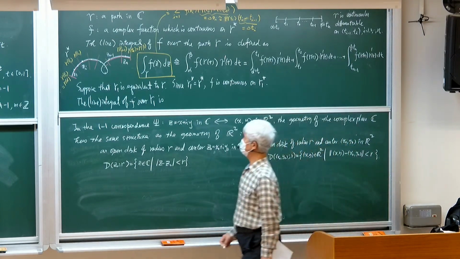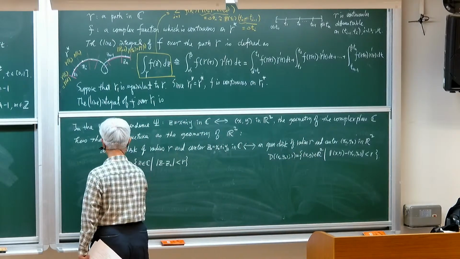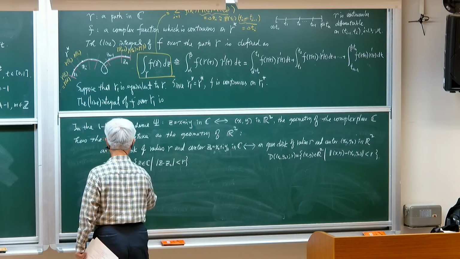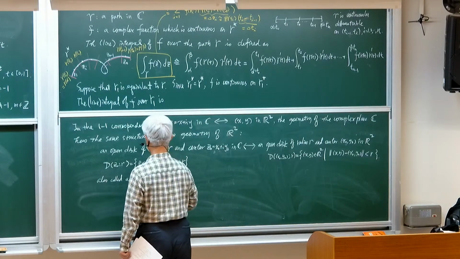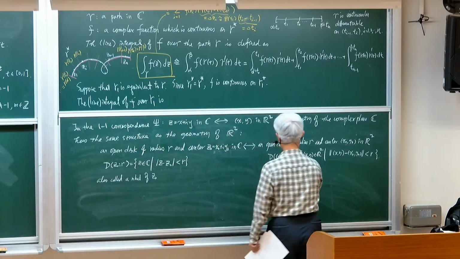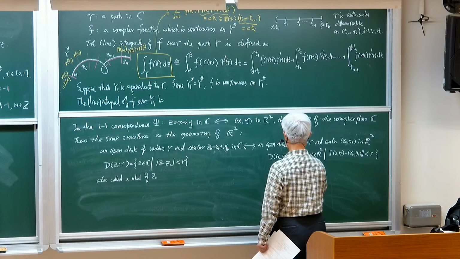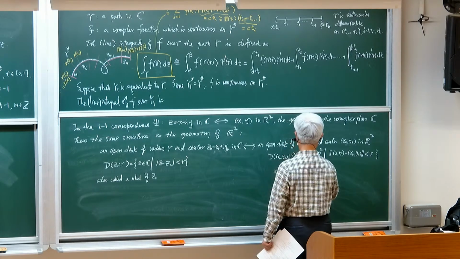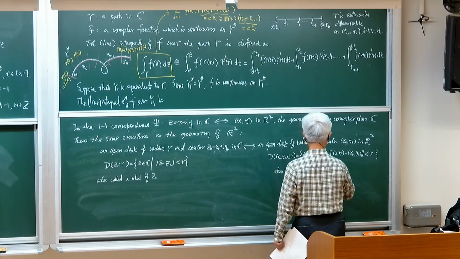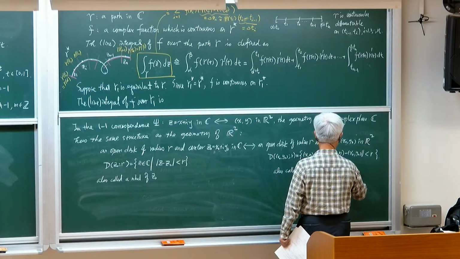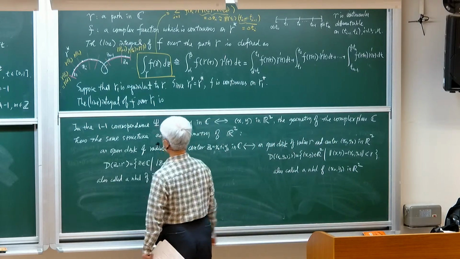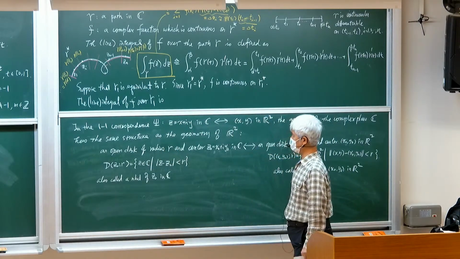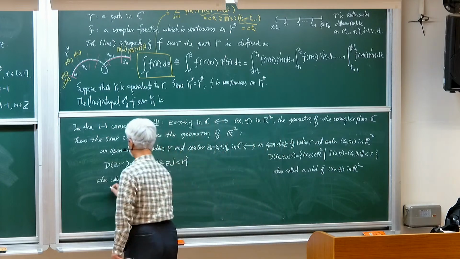We also call this a neighborhood of z0, and also a neighborhood of the point (x0, y0) in R square. It's an open disk.